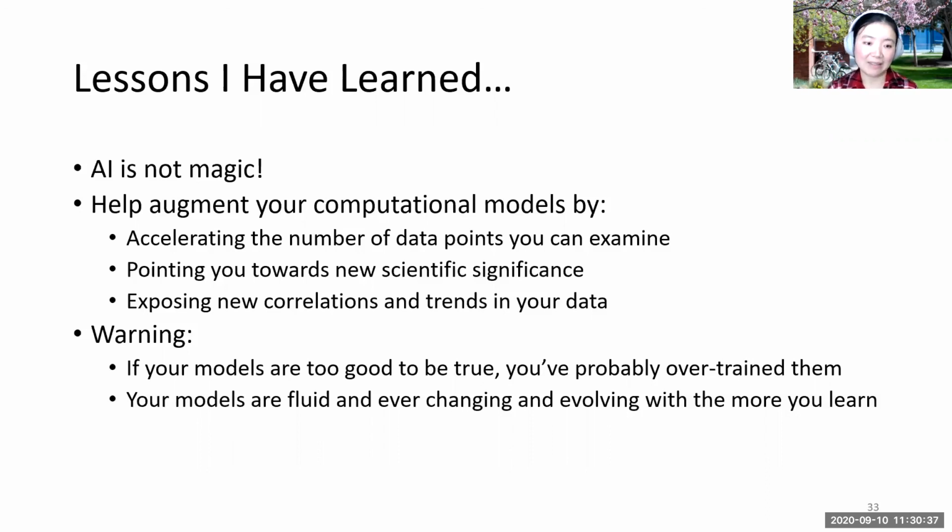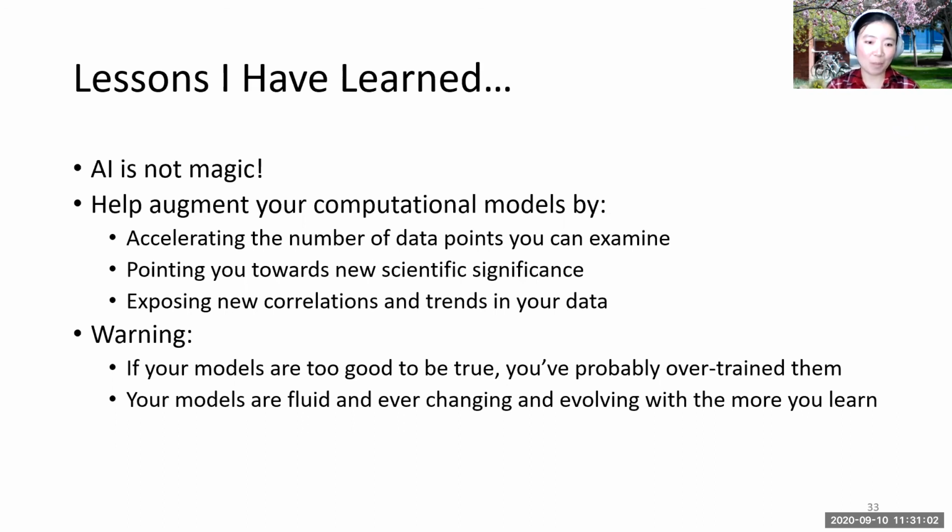Some warning signs: if the model is too good to be true, you have probably overtrained it. So we should not just look at the R2. For materials scientists, we always think that if R2 equals 100, that means the best. My AI collaborator tells me no, that means you overtrained it.